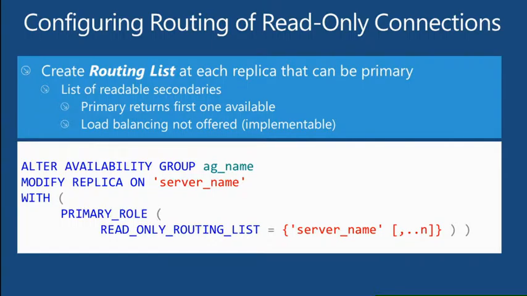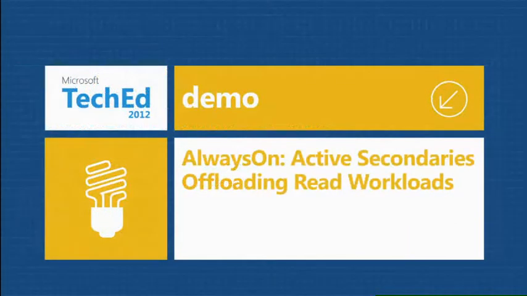And the reason why we have this command for different primaries is because you can have failovers in the system, so different replicas can take the role of primaries, and each of these primaries needs to be able to route to the secondaries in the system. This is why each of them needs to have this read-only routing list. Is that clear? Are there any questions with this? Okay. So let's jump into the demo. Hopefully the demo will clarify everything, and if there are any questions, we can look at them.